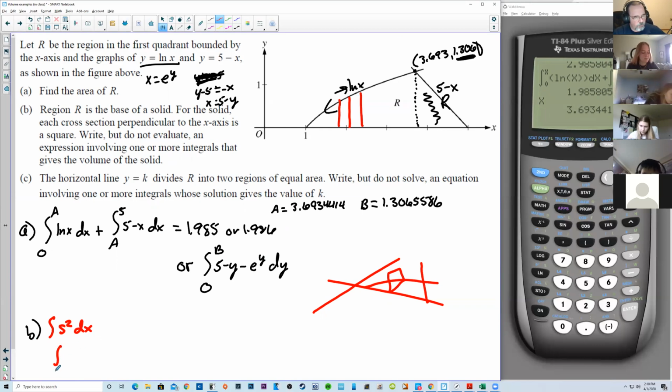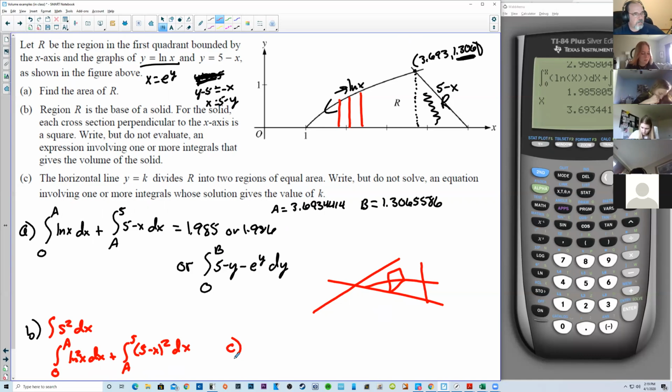So now we're going to integrate from 0 to a of natural log of x squared, because natural log of x is the side now, and we'd have to square the side, dx, plus integral from a to 5 of 5 minus x squared dx, like that.